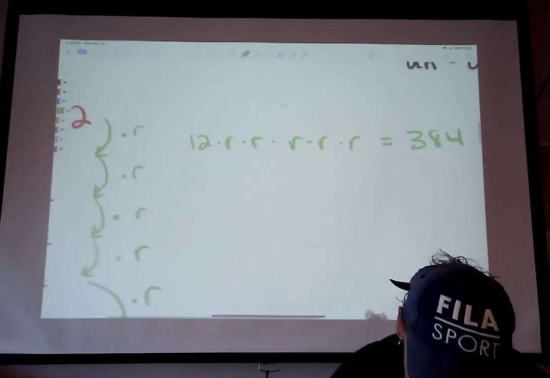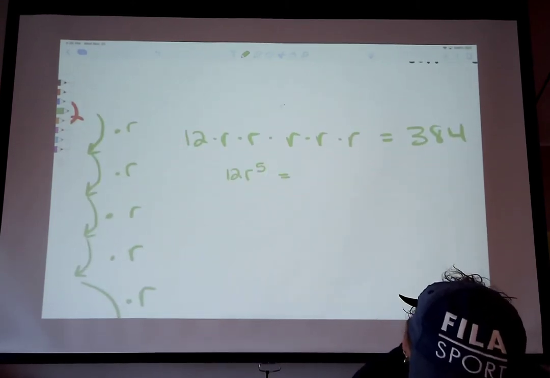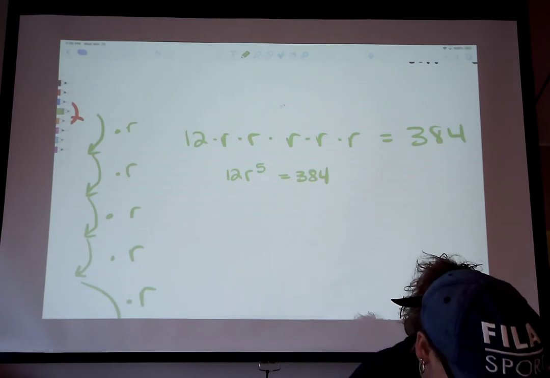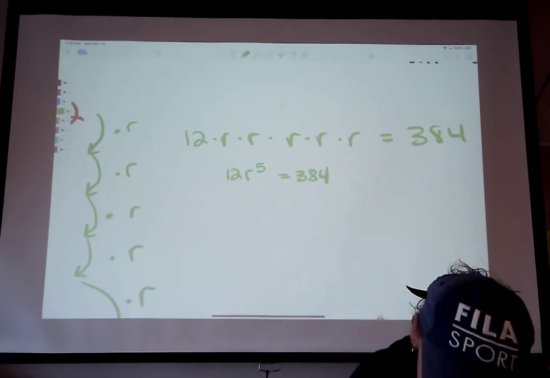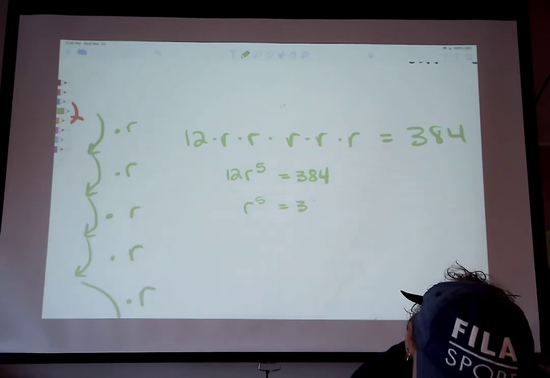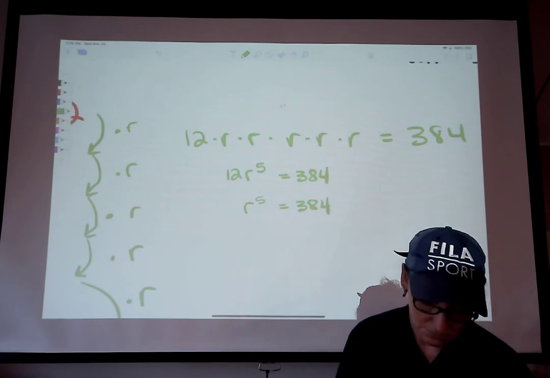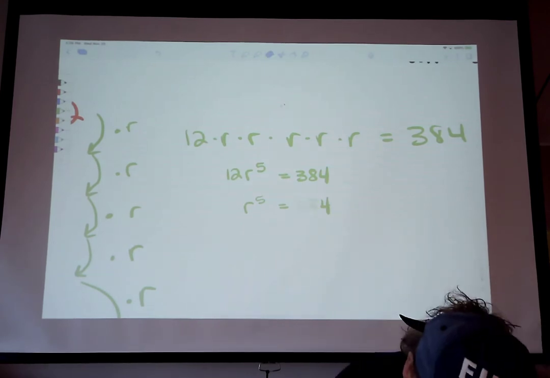And that's the same as 12R to the 5th power. Divide both sides by 12.